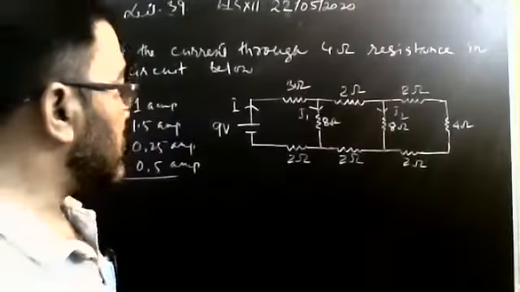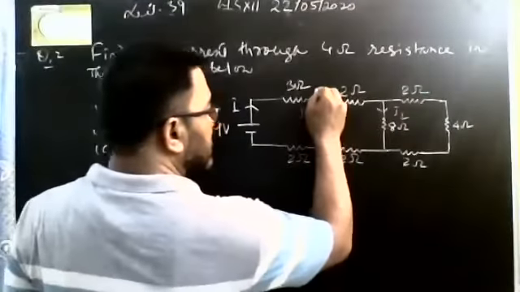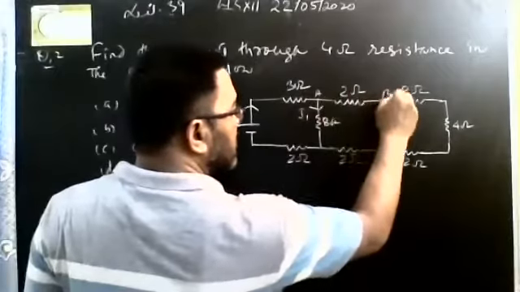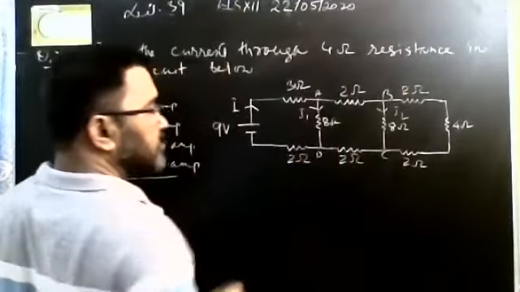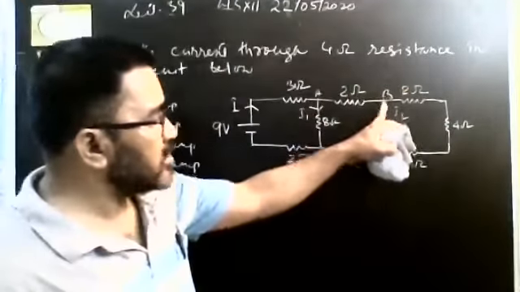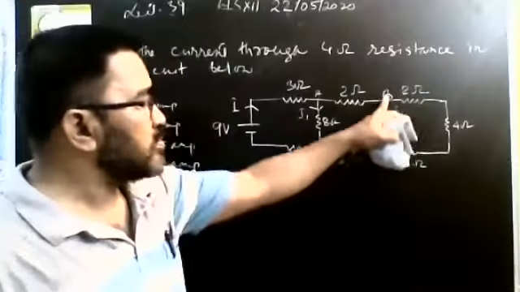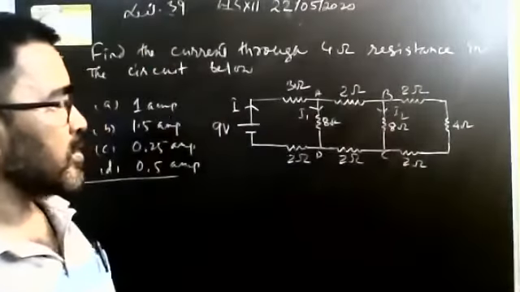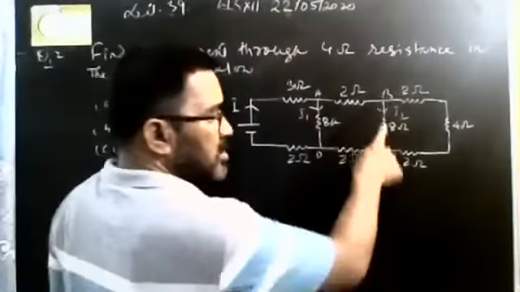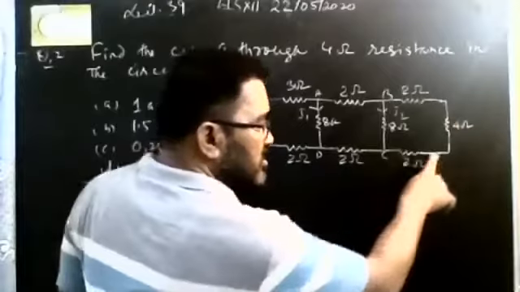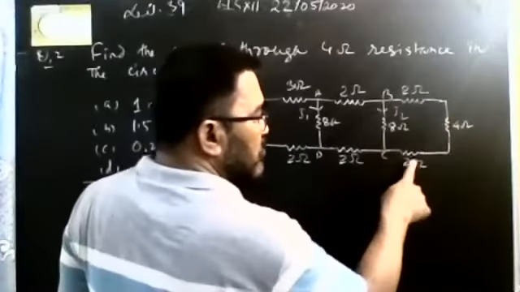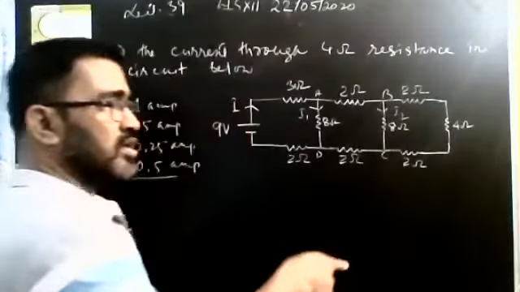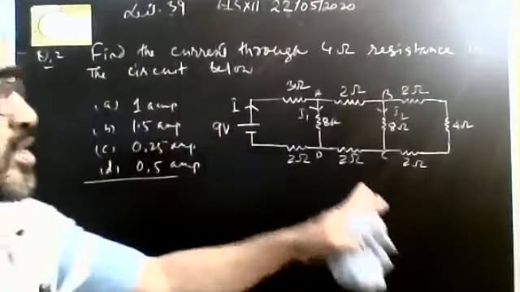So to find equivalent resistance, let me label the points A, B, C, D. First of all, let us find equivalent resistance between B and C. If we go to find between B and C, this is a series. So 2, 4, 2 series connection is there, so all should be added together.